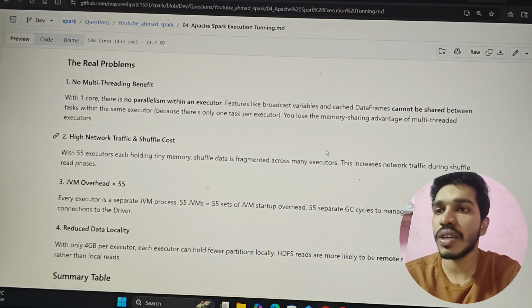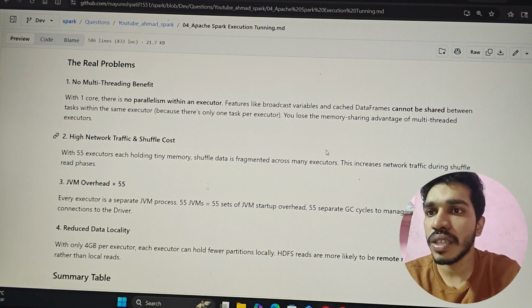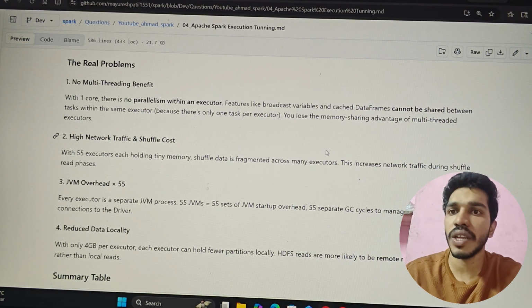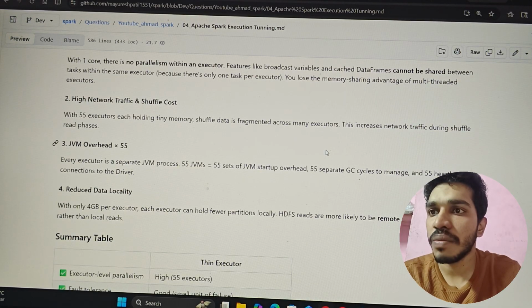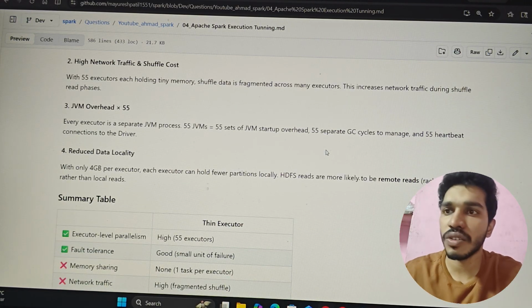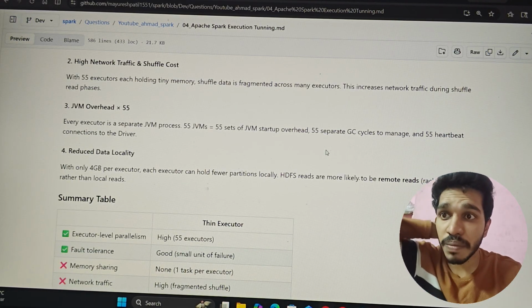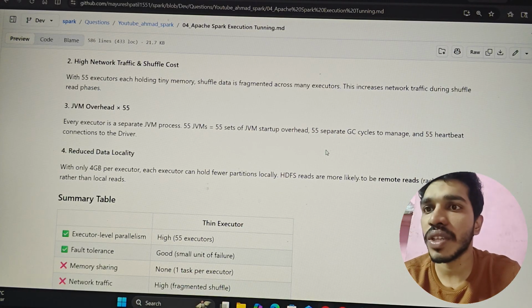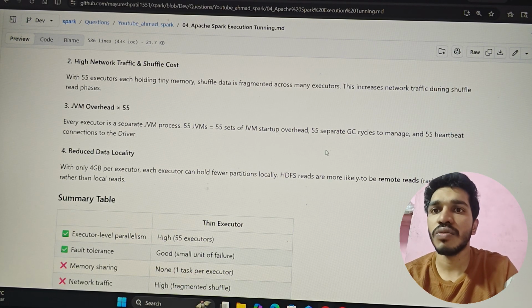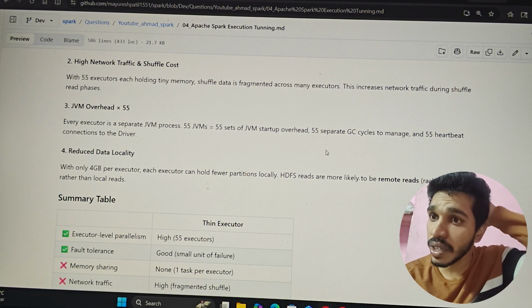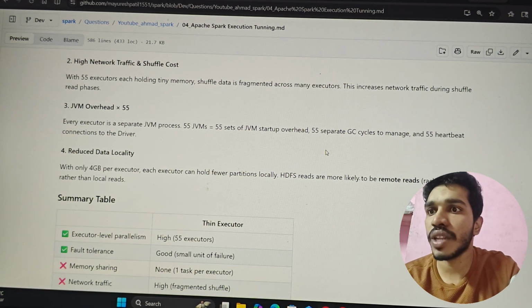With 55 executors each holding tiny memory, shuffle data is fragmented across many executors. This increases network traffic during shuffle read phases. There is also JVM overhead times 55. Each executor is a separate JVM process, so 55 JVMs mean 55 sets of JVM setup overhead, 55 separate garbage collection cycles to manage, and 55 heartbeat connections to the driver.